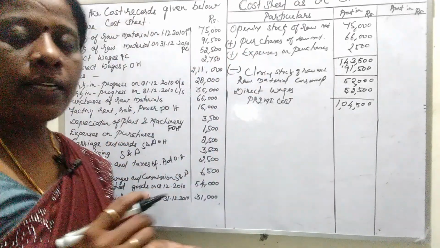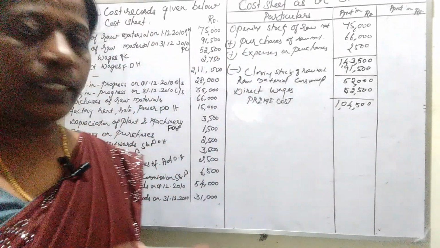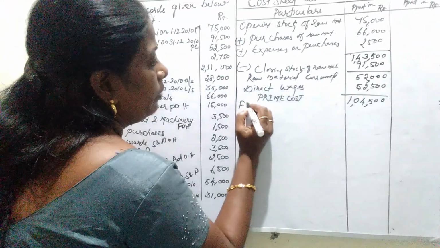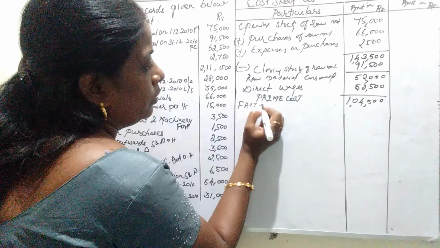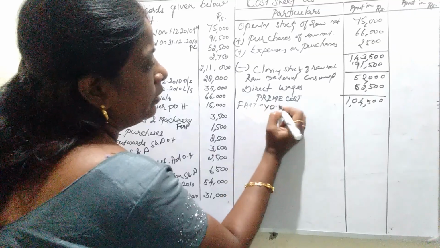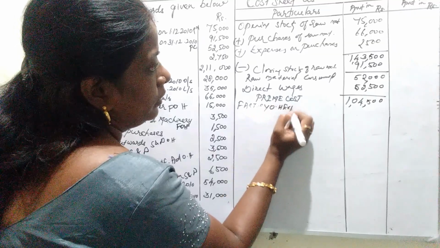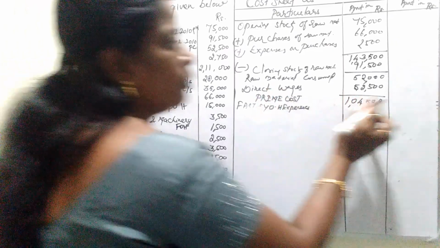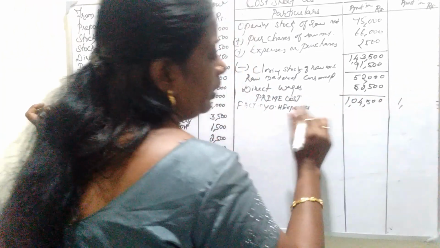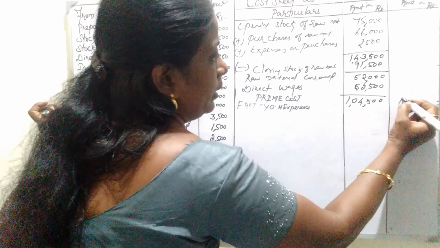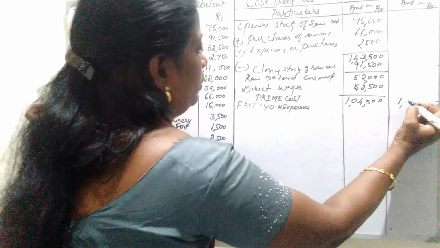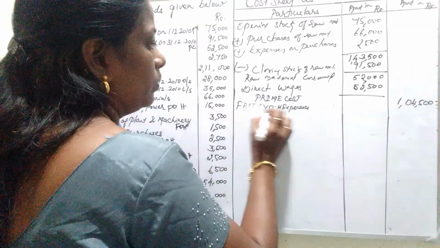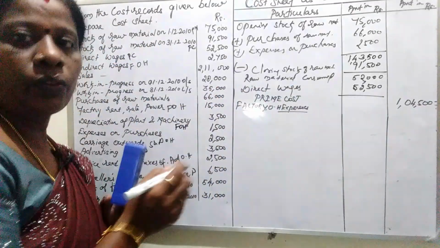Next we have to add the factory overhead expenses. So we write the title factory overhead expenses. This prime cost has to be mentioned here because we have to add the factory expenses one by one. Okay.